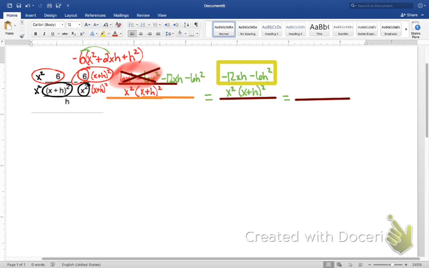So in doing that, I still have the x squared times x plus h quantity squared. We took out a negative 6h. Then I'm left with, on the inside, 2x plus h, yes.